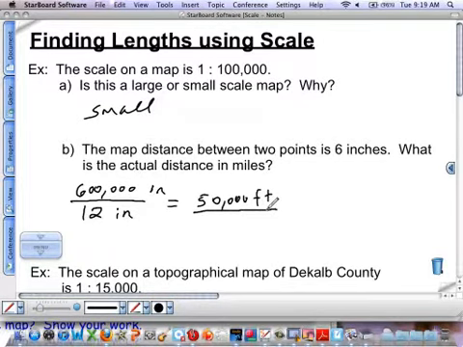How many feet in a mile? We're trying to figure out next. How many feet in 1 mile? Guys, this is something you really should memorize. It's one of those things that's worth memorizing. Come on, folks. Look it up real quick.